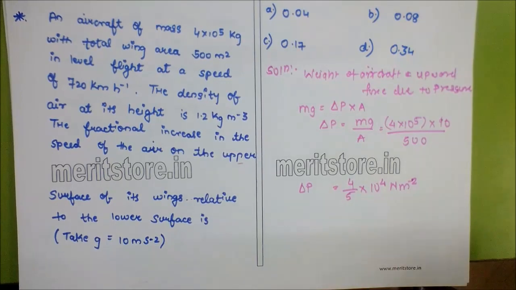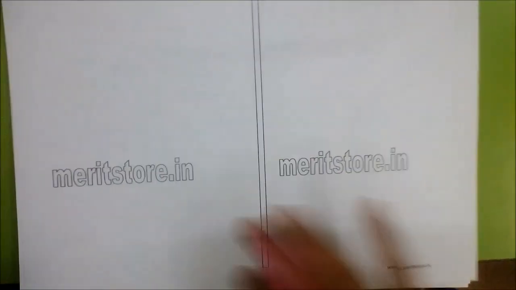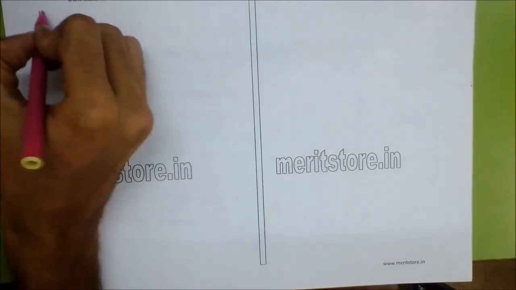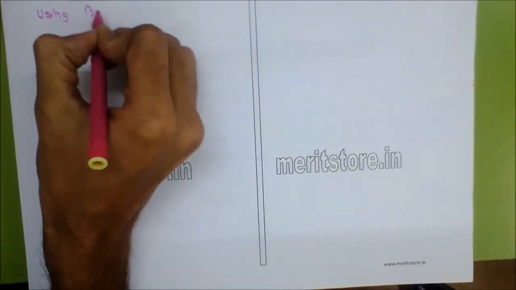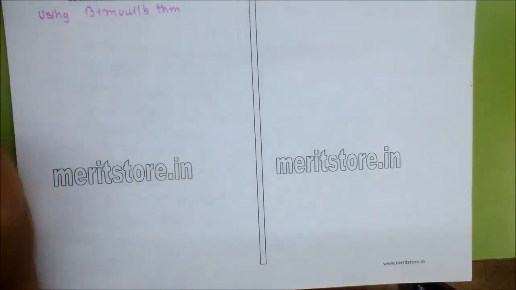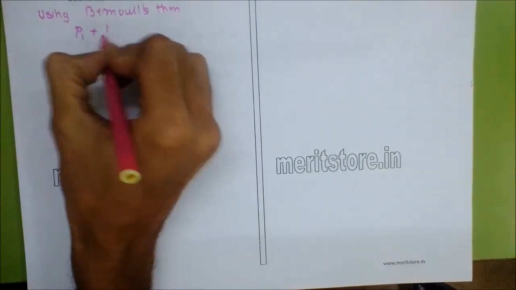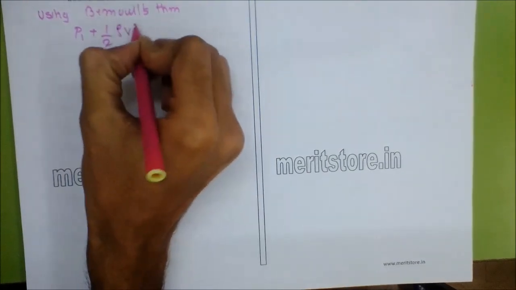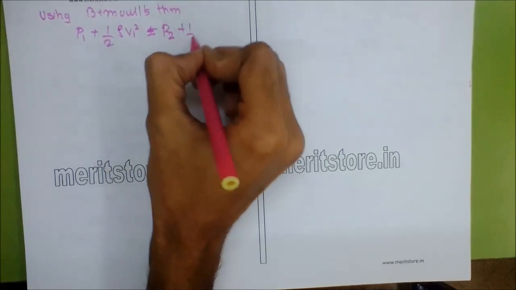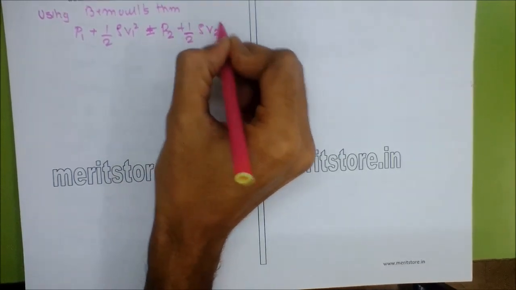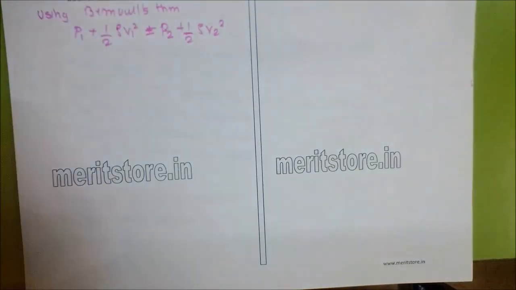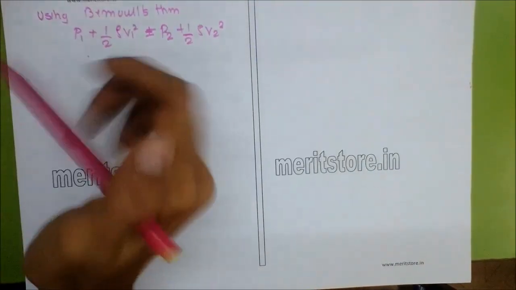Now we'll deal with Bernoulli's equation. Using Bernoulli's theorem, we have P1 plus half rho V1 square equals P2 plus half rho V2 square. We'll do some substitutions and cancellations and transfer things across.